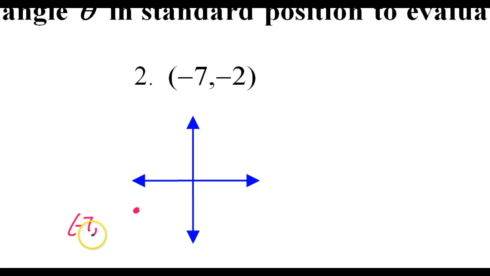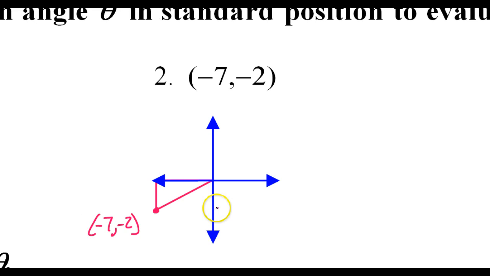Alright, let's do the same thing for number 2. Negative 7, negative 2. So that's left 7, down 2. That's going to be over here in the third quadrant somewhere. So, if this is the point negative 7, negative 2, the reference angle is going to be right here.